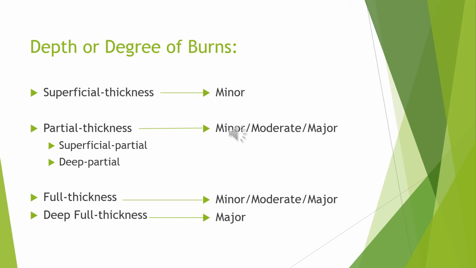It depends on how much total body surface area is included in that burn. So that will make it either minor, moderate, or major. I'm not going to ask you specific total body surface area things, but I do want you to understand why they're classified in those specific categories and how they are categorized. And then you might also want to note what the comments are on that particular chart.